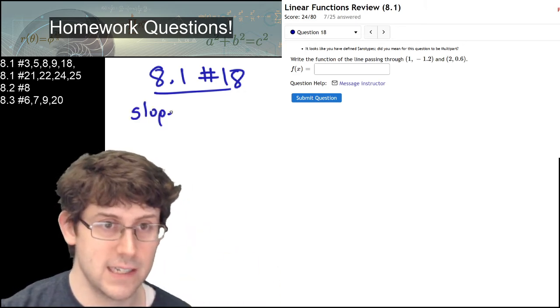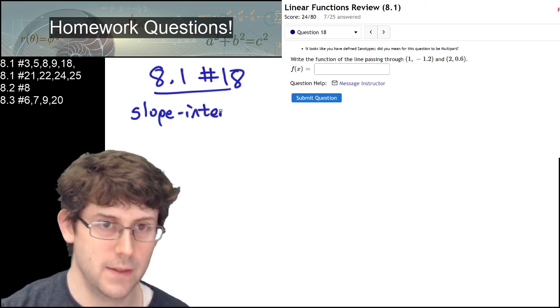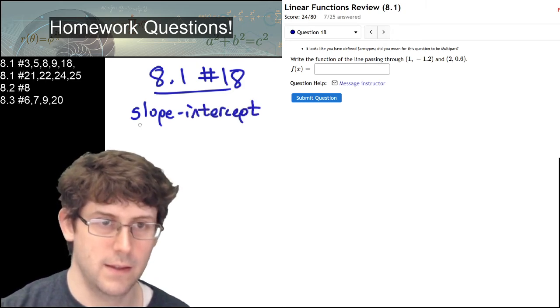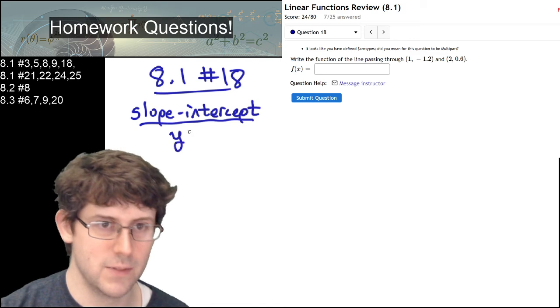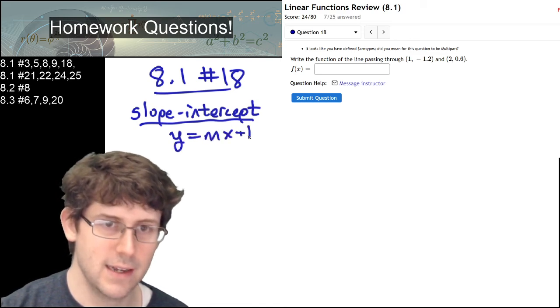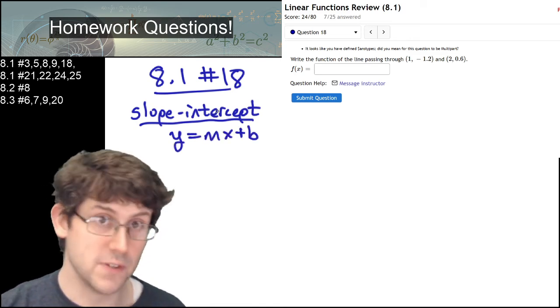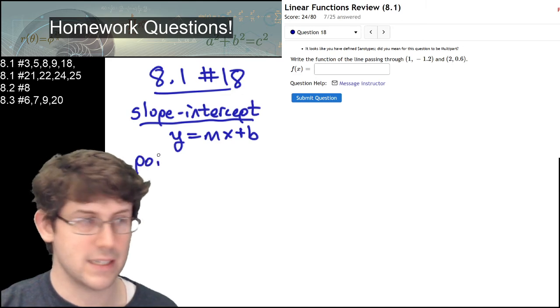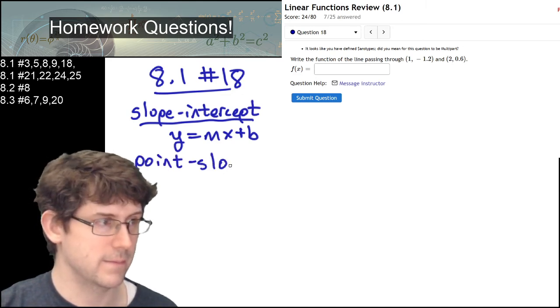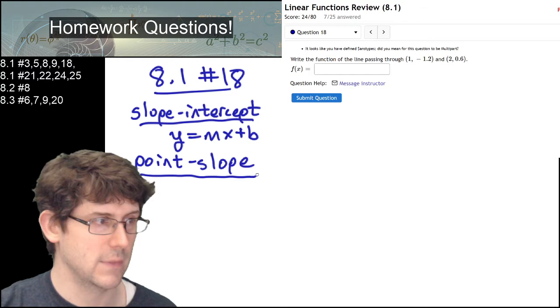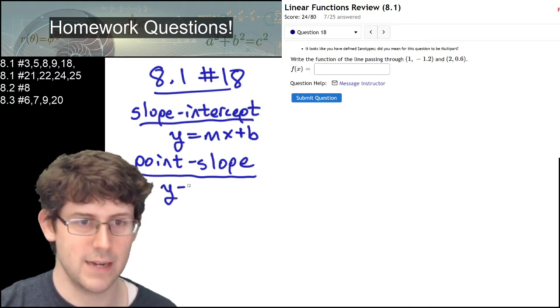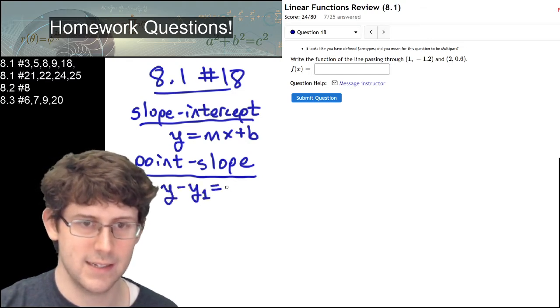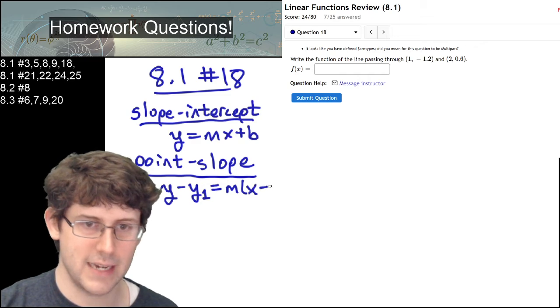You have slope-intercept form. Slope-intercept form is y equals mx plus b. This is probably the one you're most comfortable with. And then there's point slope form. Point slope form looks like this: y minus y1 equals m times (x minus x1).